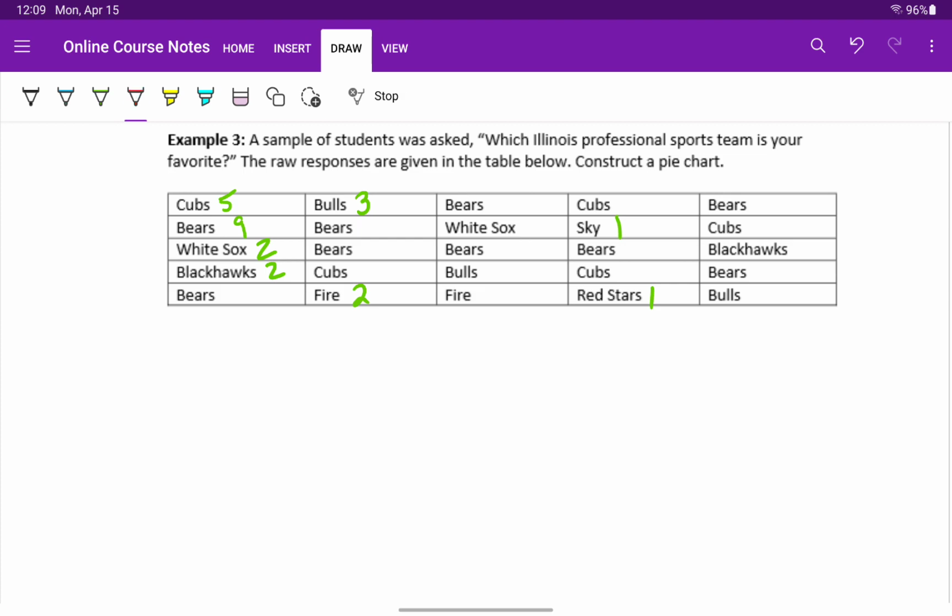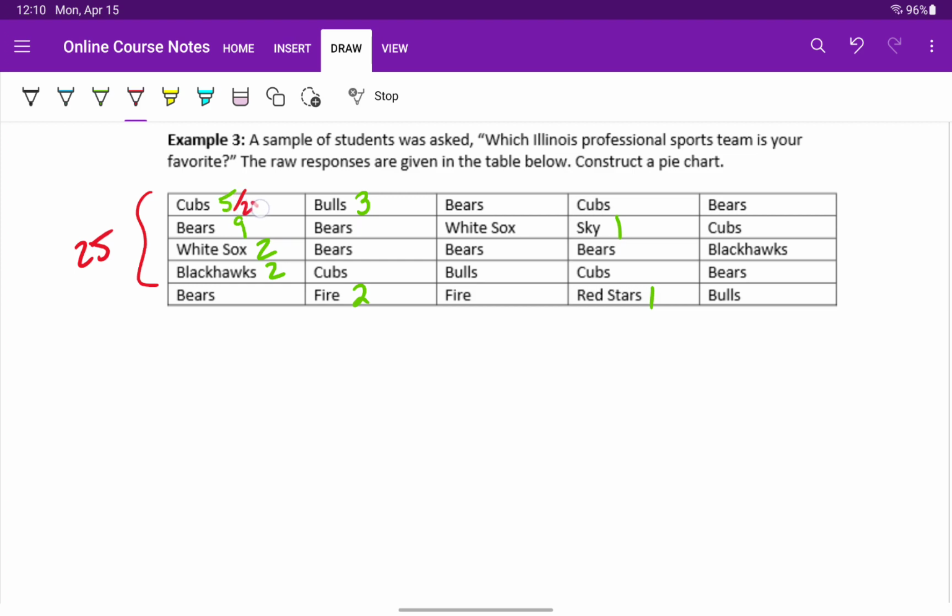In order to construct a pie chart, what we have to do is convert each of those to a proportion, which means we have to take the total number of times each response was given, divided by the total number of responses, which was 25.